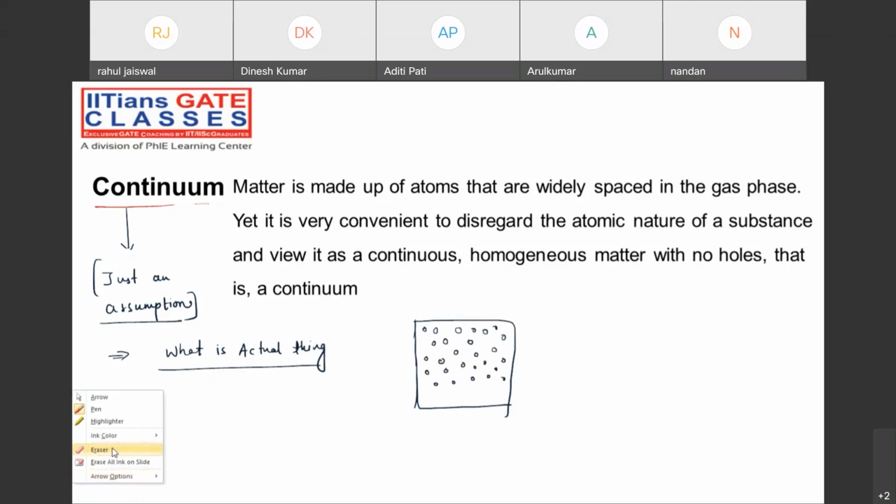My dear friend, what will happen? Can you see the gap between the air molecules? Can you see the empty space between the molecules as of now? Tell me, guys.